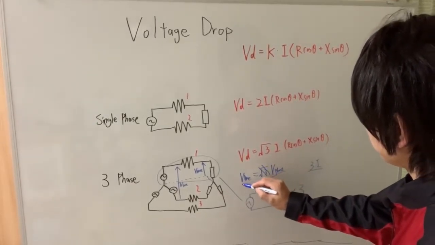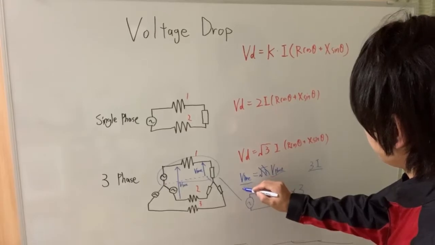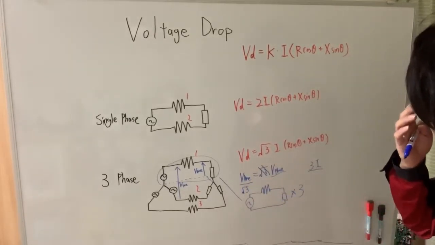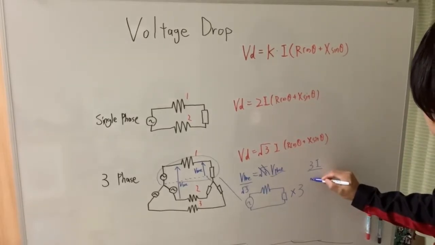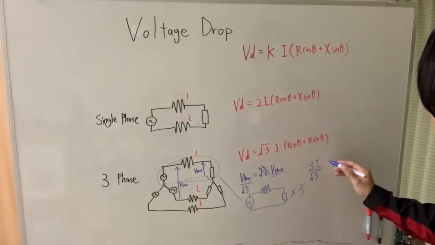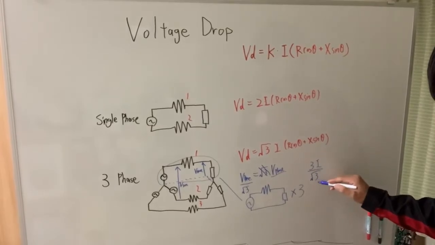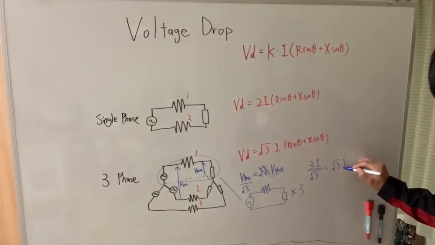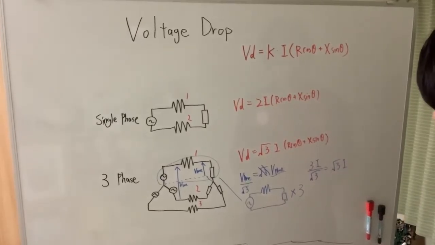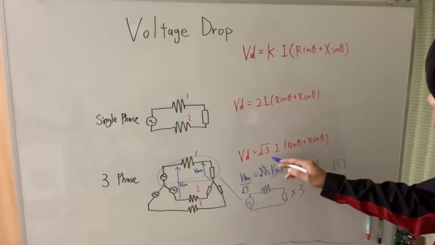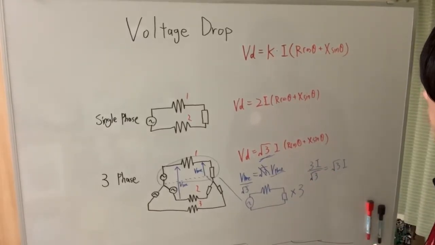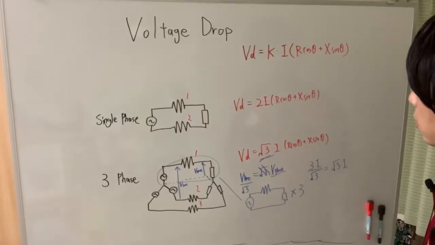V phase is V line divided by square root 3, so 3I over square root 3, that means square root 3 times I as coefficients. So that is why this is square root 3, not just 3.